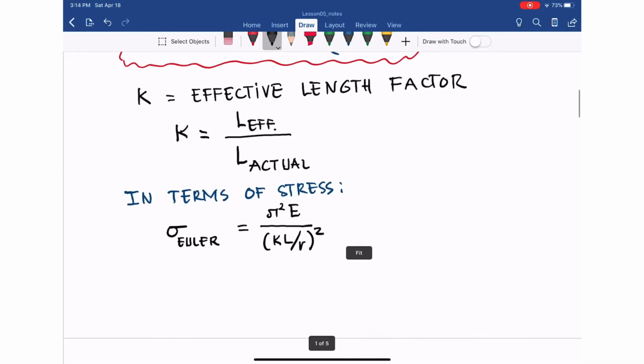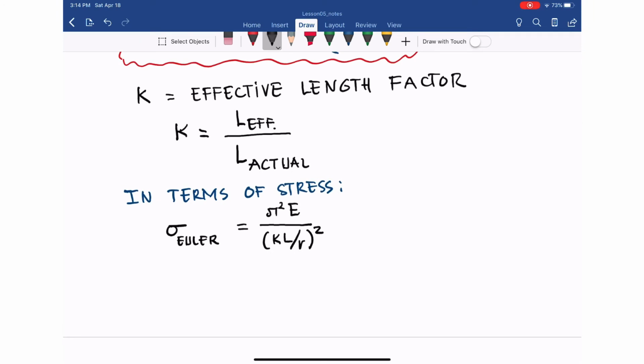And what is r in this case? Here r is not a geometric radius, but the radius of gyration.